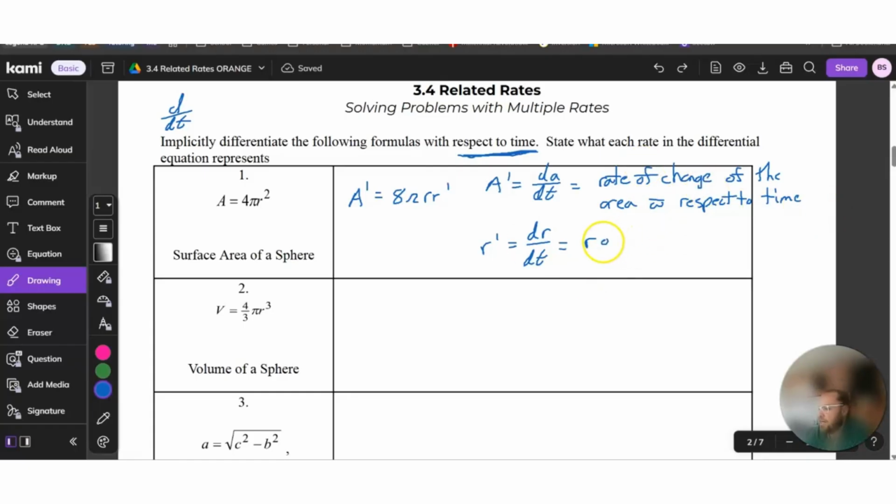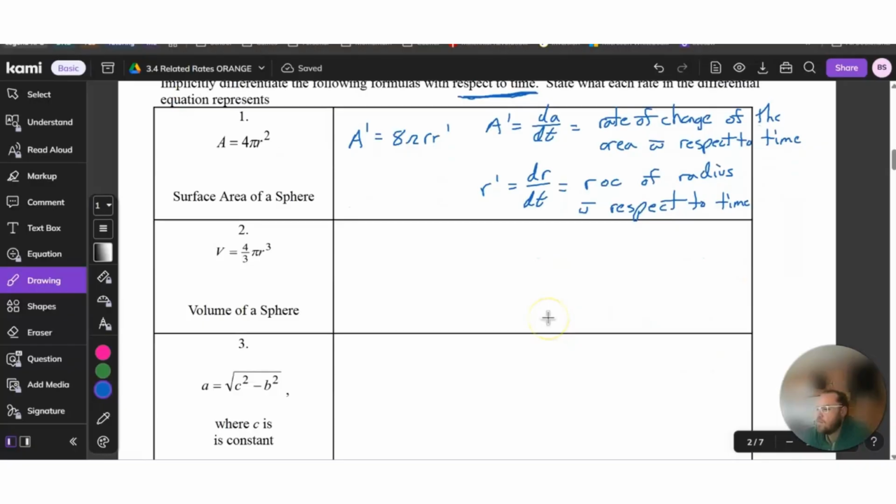So instead of rate of change, I'm going to write ROC: rate of change of radius with respect to time. Does that kind of make sense? So whatever it is we're doing, it's always going to be the rate of change of that thing with respect to time. Okay?